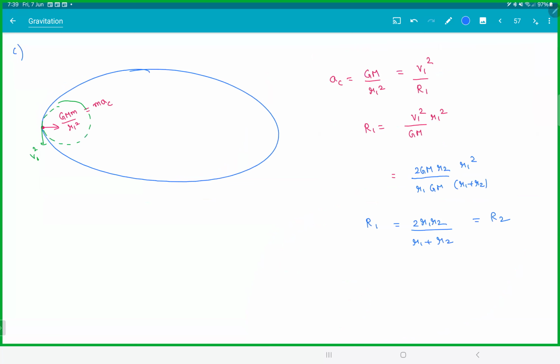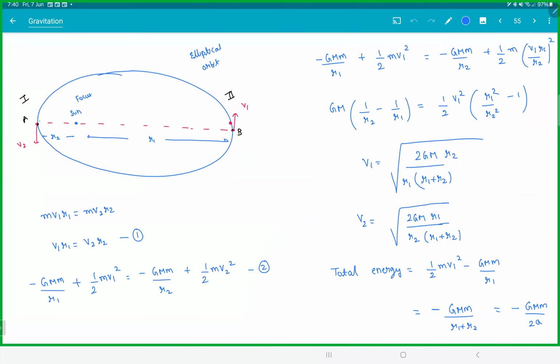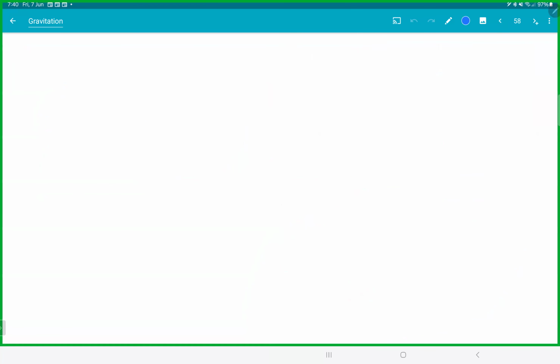Next one. We have a planet, mass m, radius r, and we have a satellite which is orbiting in a 3R orbit. So this guy is happily orbiting.